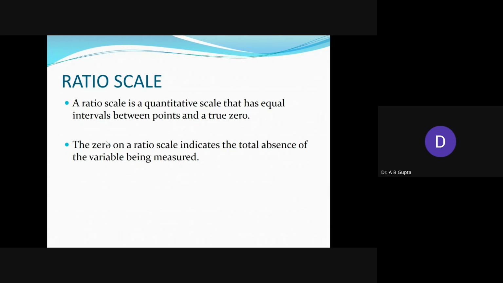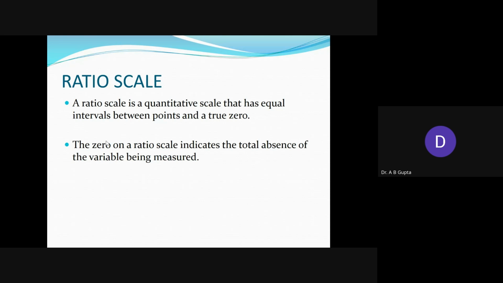For example, you want the weight of a person, weight of an object. So you can say 10 gram, 1 kg, 100 gram, and then you can also go to zero. Zero, no weight. This thing has got no weight. Similarly, salary. For example, you are getting 1 lakh rupees, you are getting 50,000, you are getting 10,000, and then there is a person who is getting no salary.